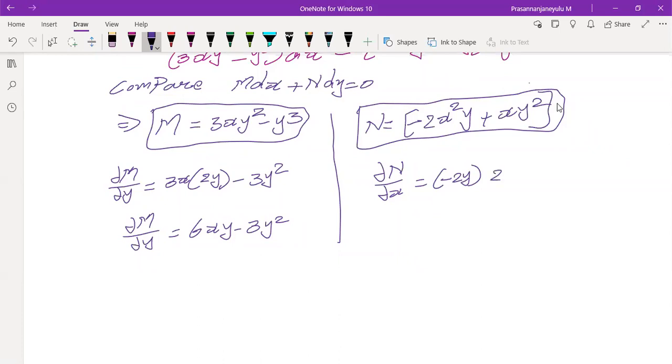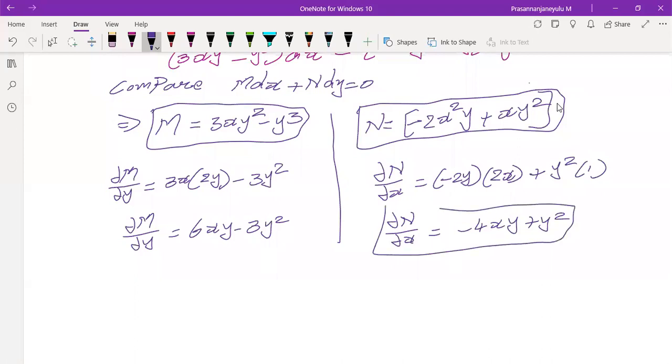Differentiation of x² with respect to x is 2x, plus y² into differentiation of x with respect to x, which is 1. So finally, what we'll get? ∂N/∂x equals −4xy + y².